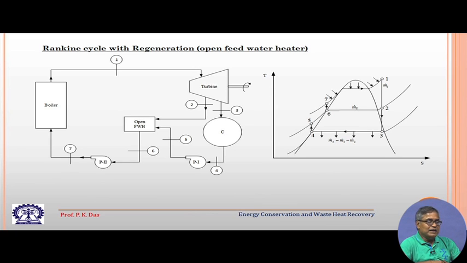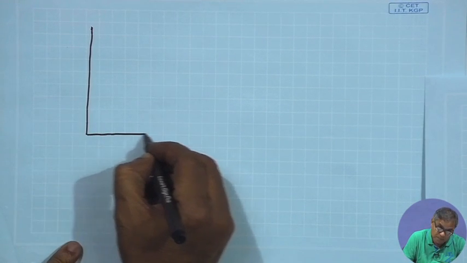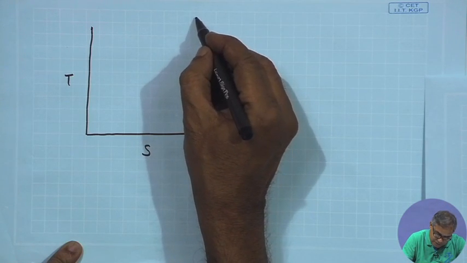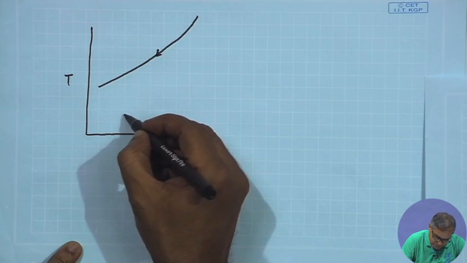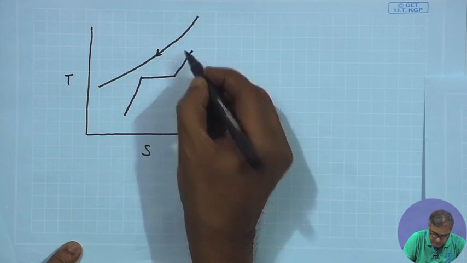Now, what happens? Initially the water or condensate is at a much lower temperature. So, you see, if you recall the diagram which I have drawn, let us say again it is a TS plane and this is the way flue gas is being cooled and this is the way steam generation is taking place.